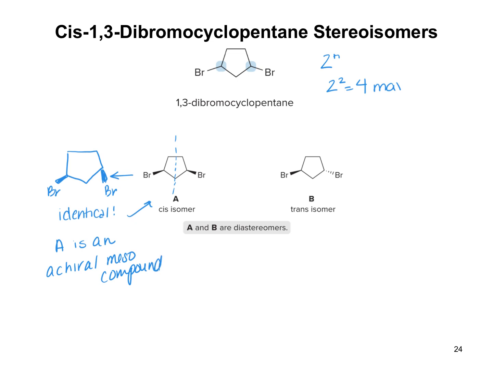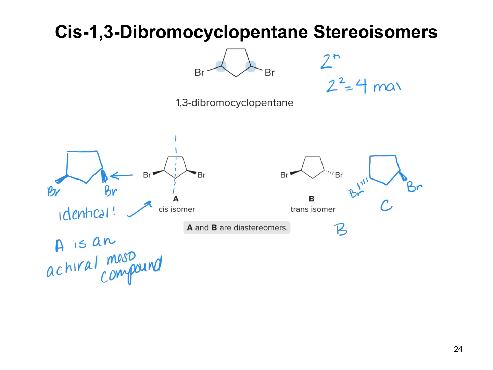If you come over here and then look at B, and we draw that mirror image, right? The trans isomer there is non-superimposable, and so that makes B, and let's call this C, different compounds.